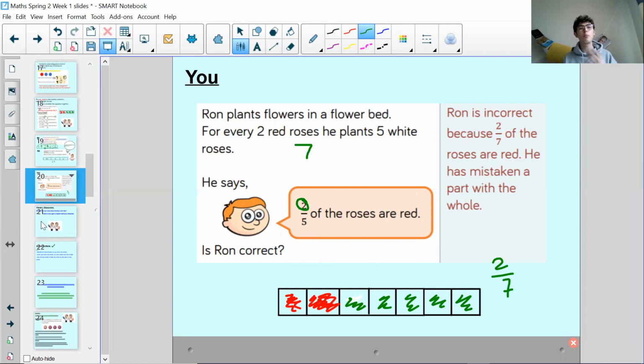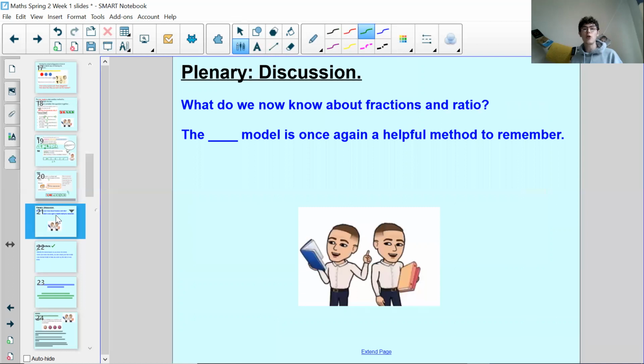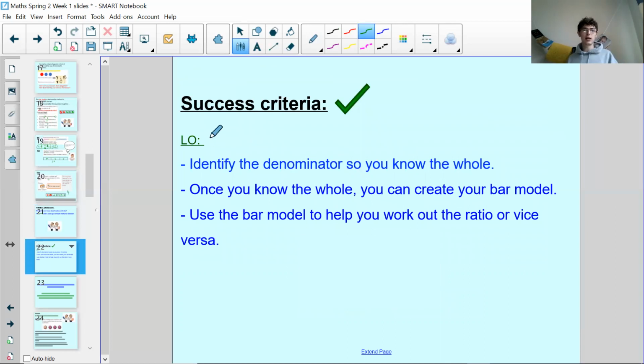Well done if you've used your bar model. That is key in working out these questions. Okay, so have a think. What do we know about fractions and ratios so far? And once again, the bar model is a helpful method for us to remember. Okay, so have a think about that and your success criteria. So, sorry, the learning objective's not there.